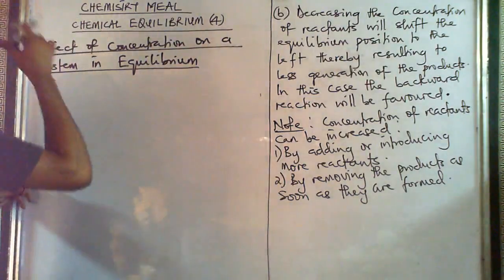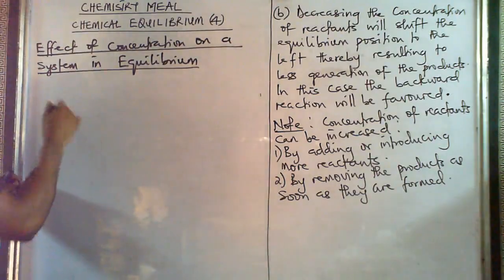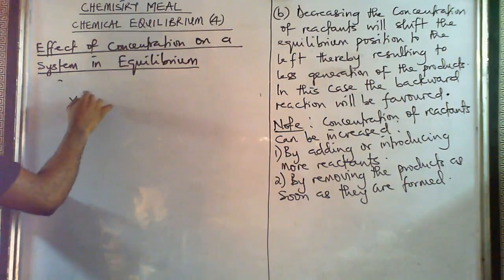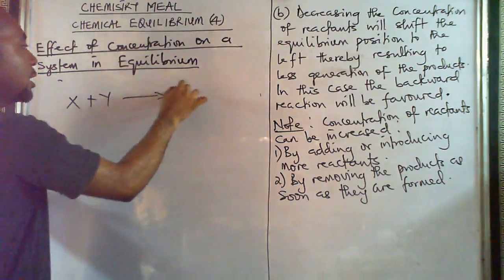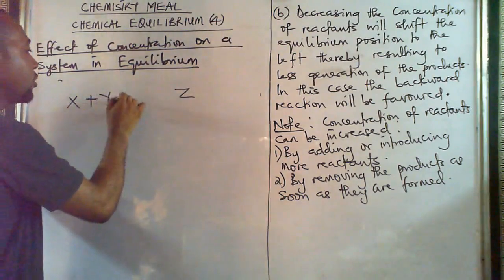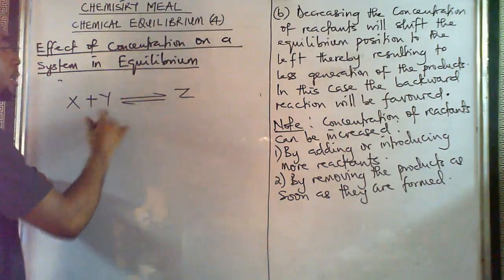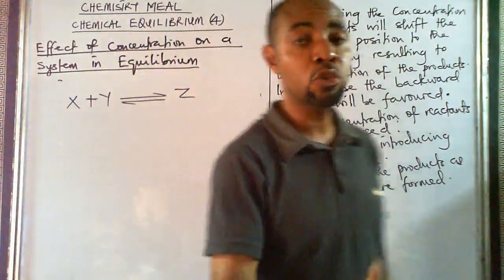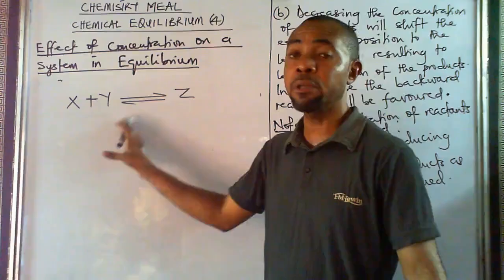Now let's look at this together. If we have considered this reaction, let me just explain this way. Let's say that X reacted with Y to give us Z, right? This is a reversible reaction. We know that for a reaction to attain equilibrium, that reaction must be reversible.